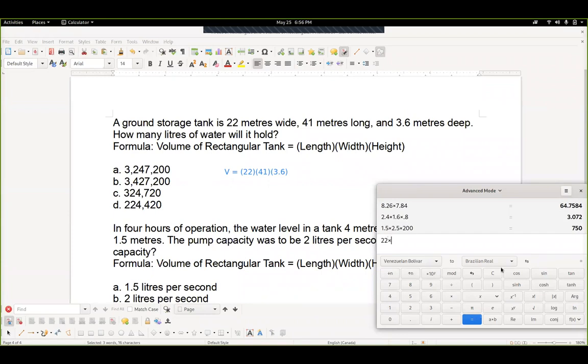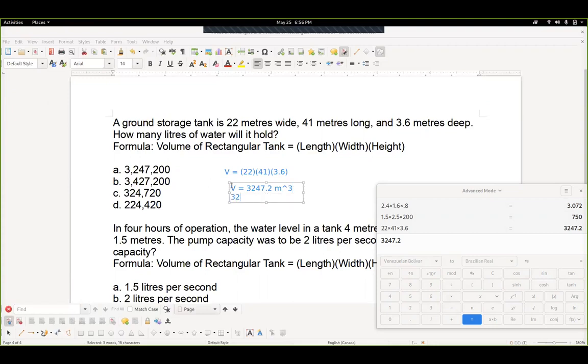So 22 times 41 times 3.6 gives us 3,247.2. So volume equals 3,247.2. And then what we do is we realize that there's 1,000 liters in every cubic meter. So this is meters cubed. So that's going to be 1,000 times that.